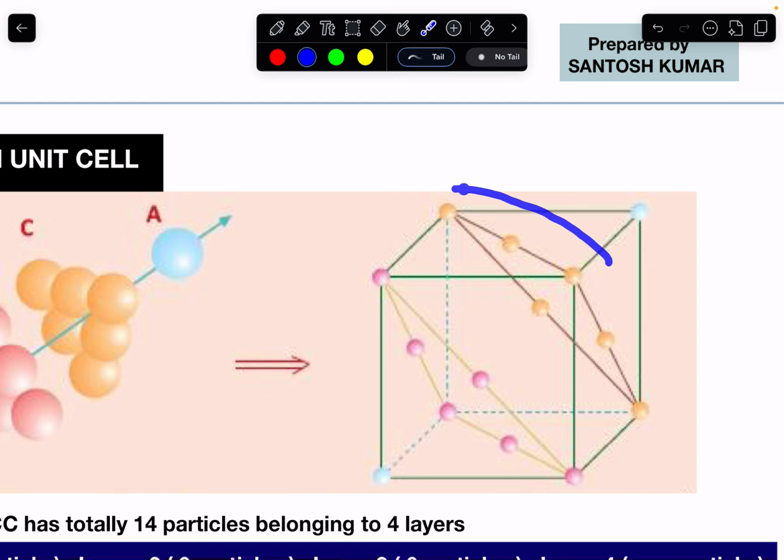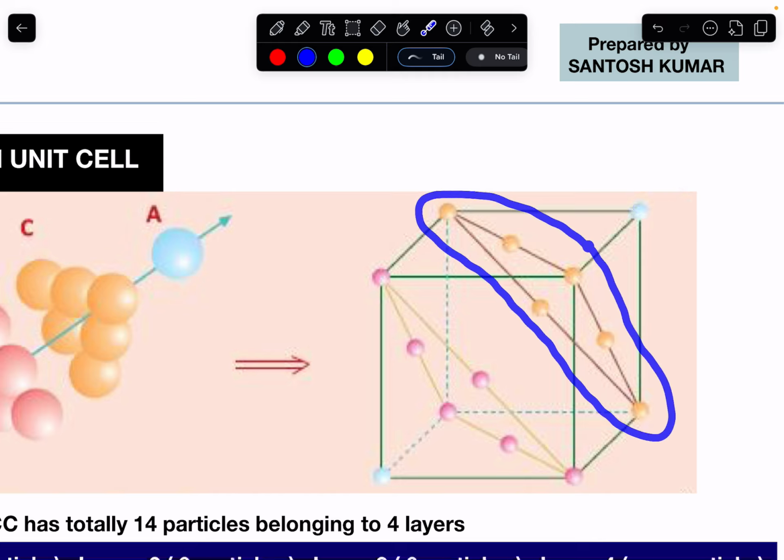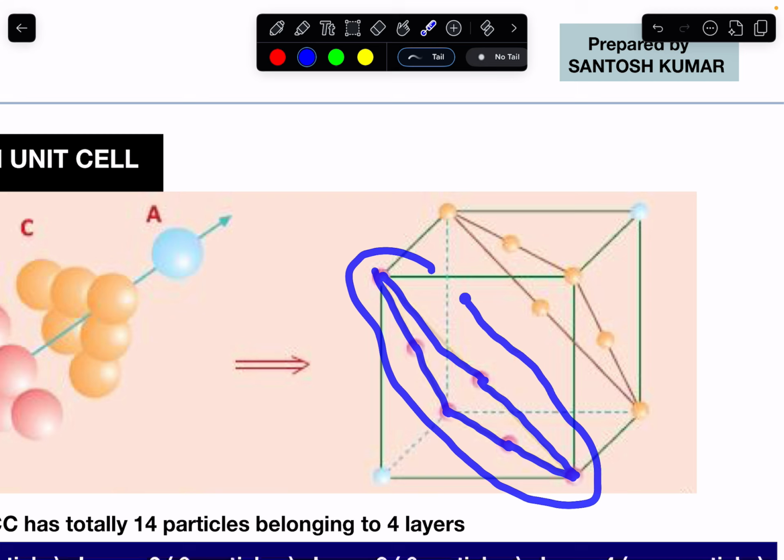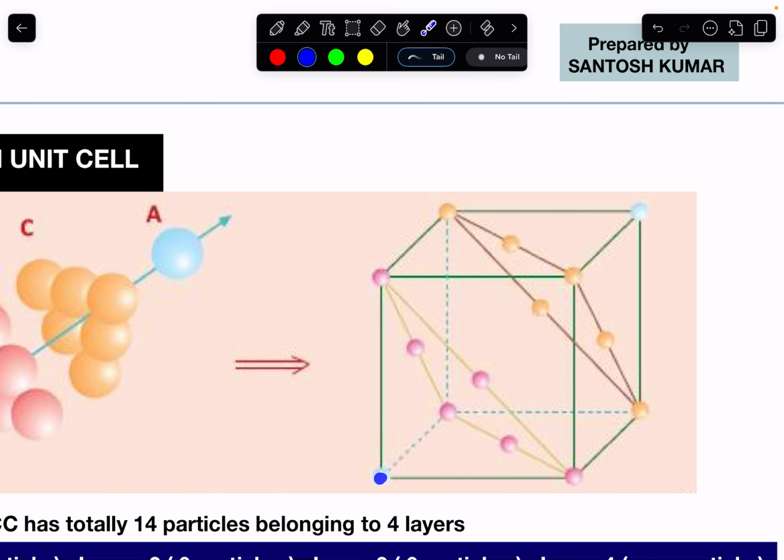So these six particles belong to the second layer of FCC. So this particle belongs to the first layer, these six particles belong to the second layer, and this is another corner. So here corner, face center, corner, face center, corner, face center, and corner. So these six particles belong to the third layer, and this last particle belongs to the fourth layer.